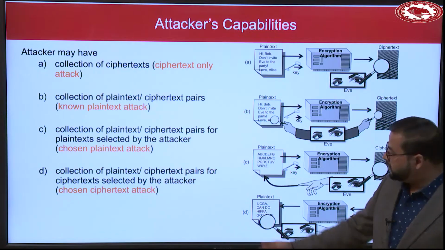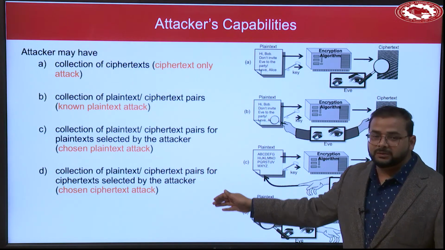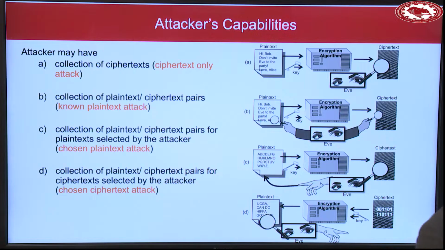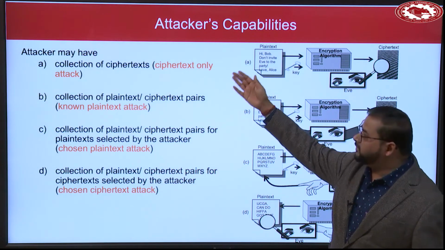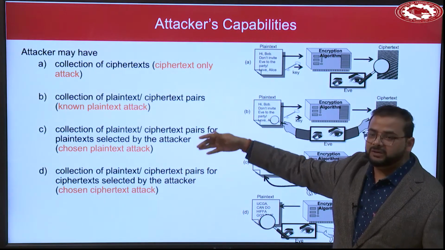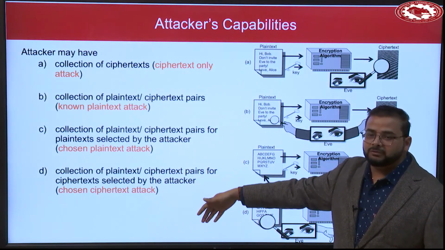If you achieve a security of this level, no one can crack it in terms of encryption also. But in the first place, we are saying attacker knows only the ciphertext, doesn't know anything else. And then you're increasing the capability and information that attacker might have to crack it.